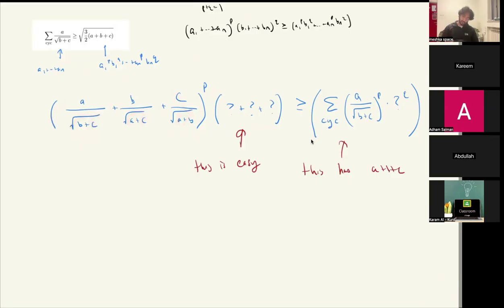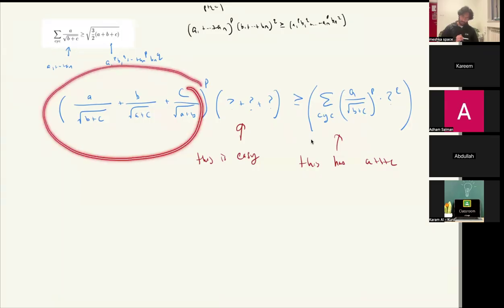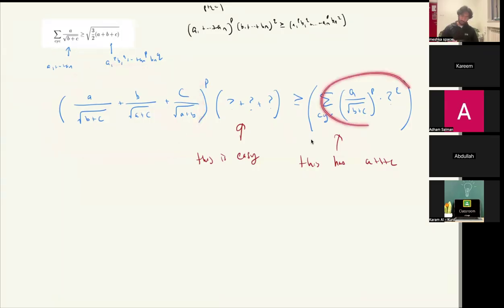I don't like them, so I want this term to be without square roots, an easy term. And then the point is, if I want to lower bound this, I can use the ratio of these. This one will look like what I want to compare it to, and this one will be easy. That's the goal.